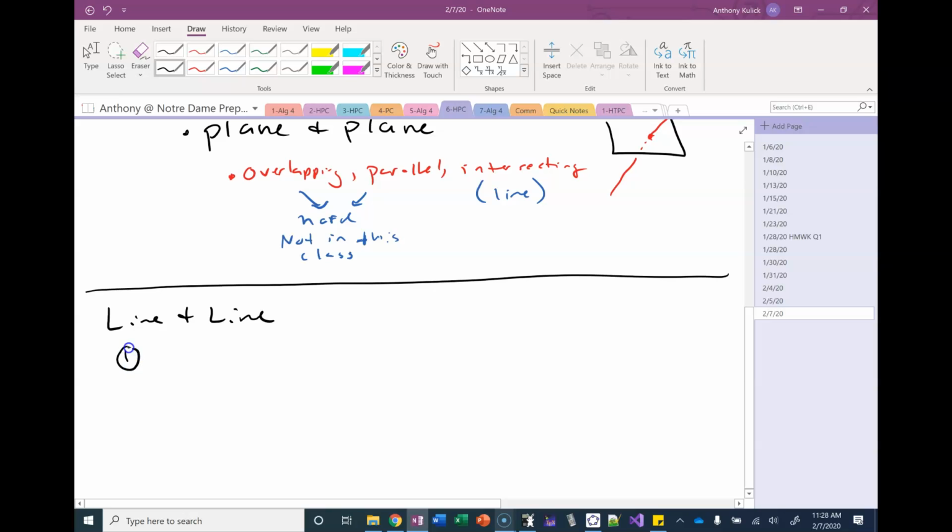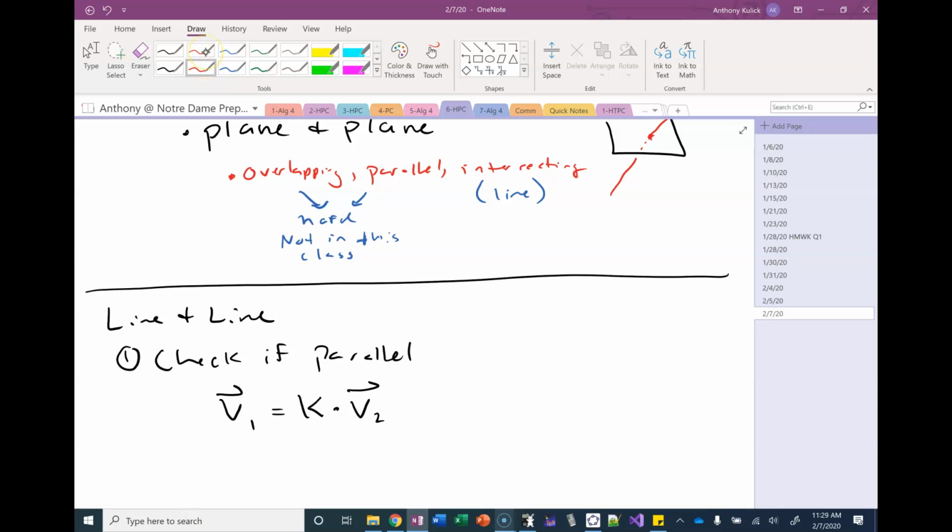So with a line and a line, the first thing we want to do is check to see if they're parallel. The way we do that is you take the direction vector from your first line and see if it's a scalar multiple of the direction vector from the second line, or vice versa. Okay?